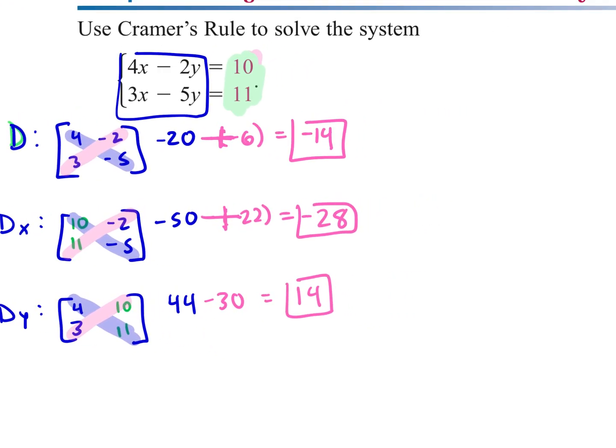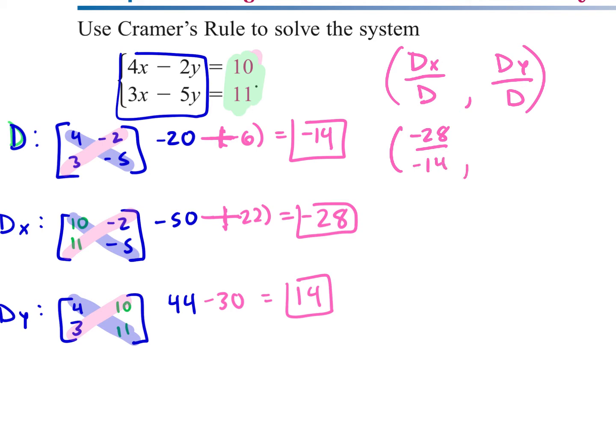Now how we write our solution to the system is our x is d sub x divided by d, and our y is d sub y divided by d. So that's our answer. So d sub x is what? -28, and d is -14.